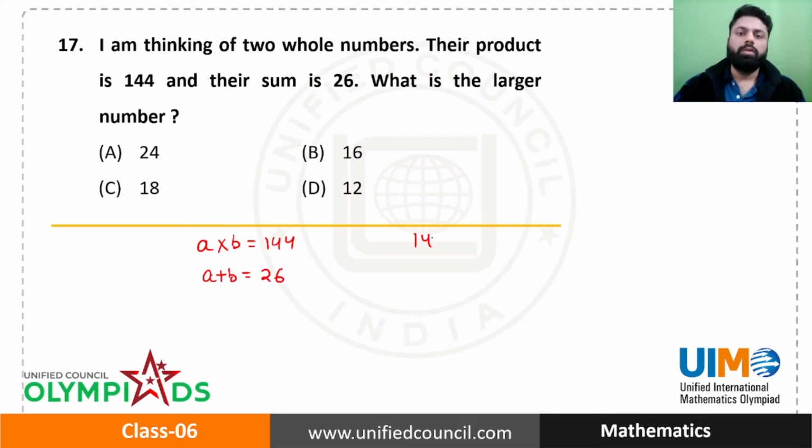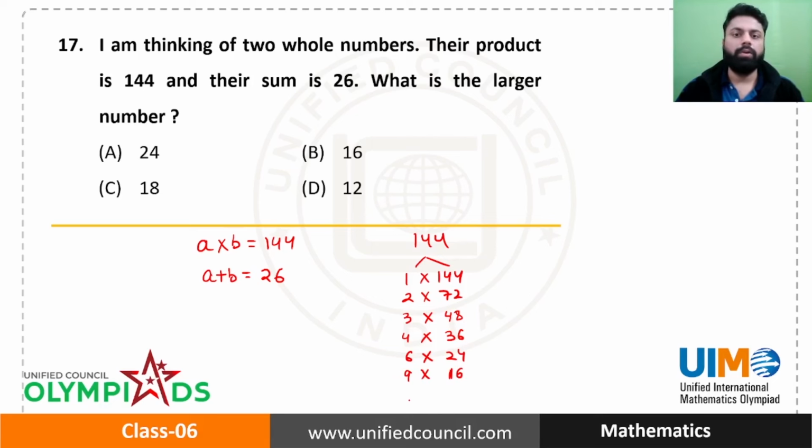So see, 144 we can write as 1 into 144, 2 into 72, 3 into 48, 4 into 36, 6 into 24, 8 into 18, 9 into 16, then 12 multiplied by 12.